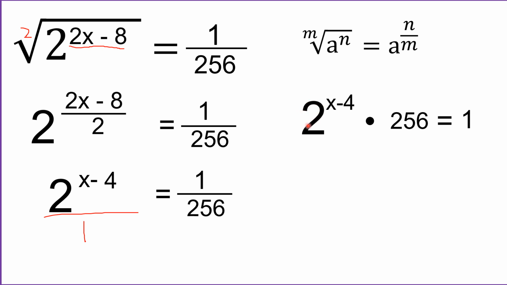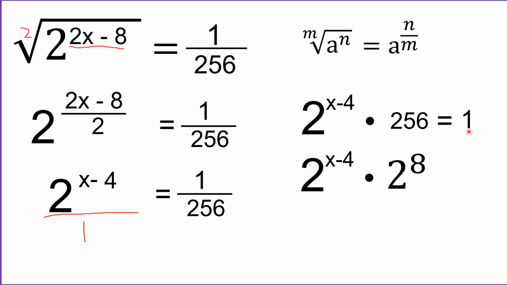Next, the base of the exponential form here is 2, so we're going to rewrite 256 with base 2. 256 in exponential form is 2 raised to 8. Notice that the base here is both 2.